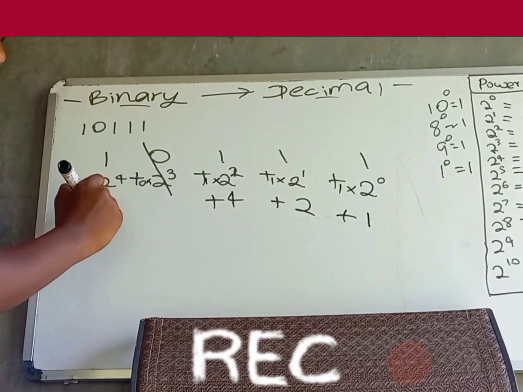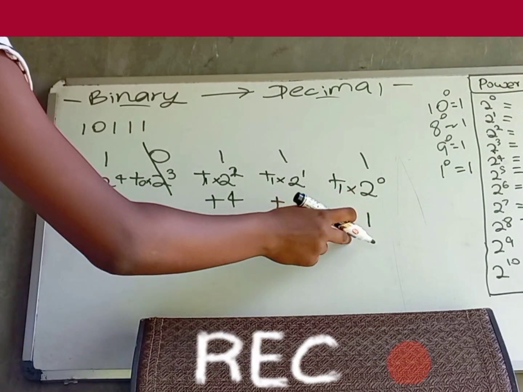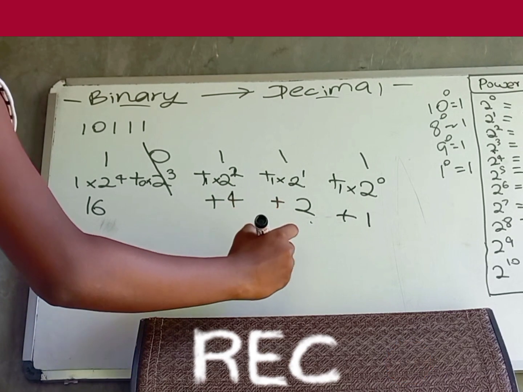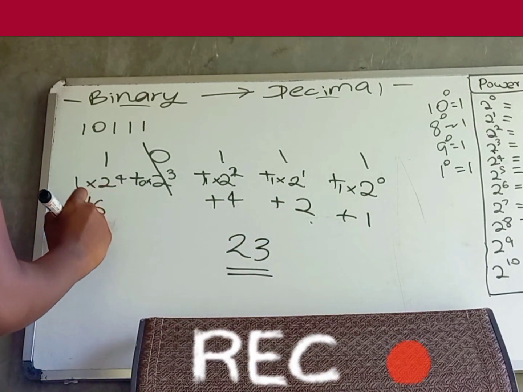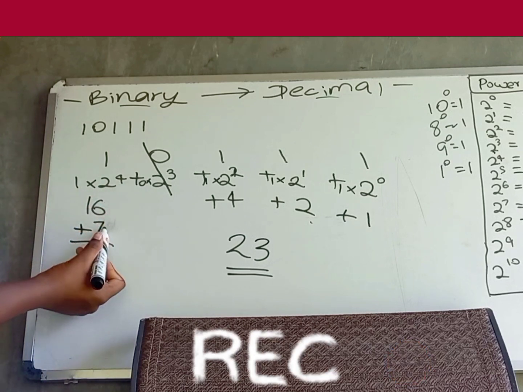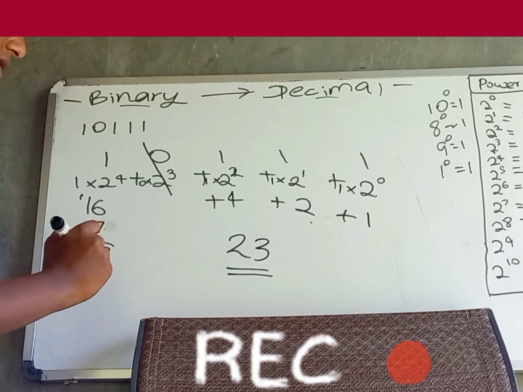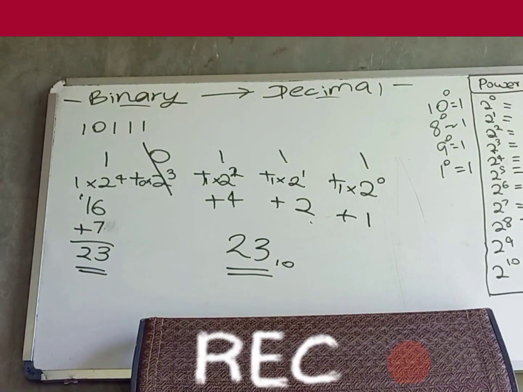Then you move on to 16. So what is 1 plus 2? 3. 3 plus 4 equals 7. 7 plus 16 equals 23. You have to put the base as 10 because it's a decimal number system.